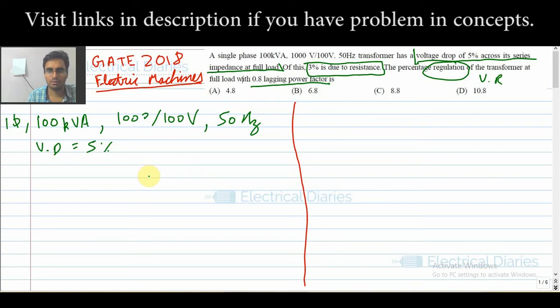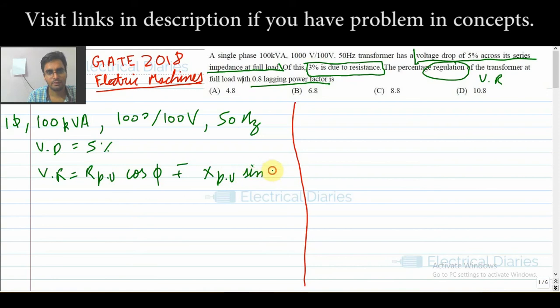For voltage regulation of a transformer, we have one basic formula, that is V no load minus V full load by V rated, and one formula we have is R per unit cos phi plus or minus X per unit sin phi.